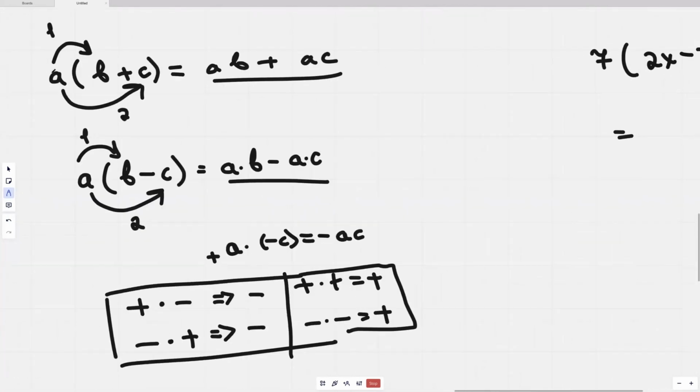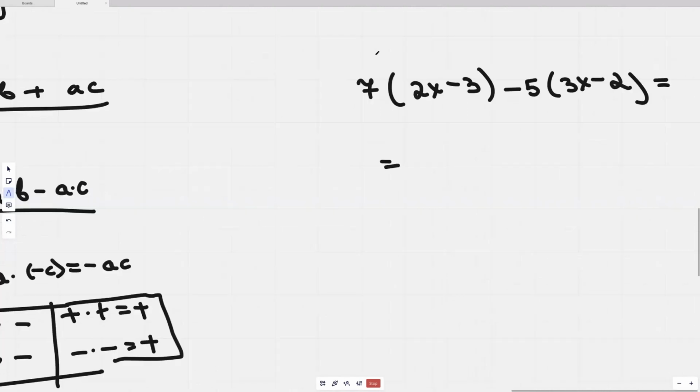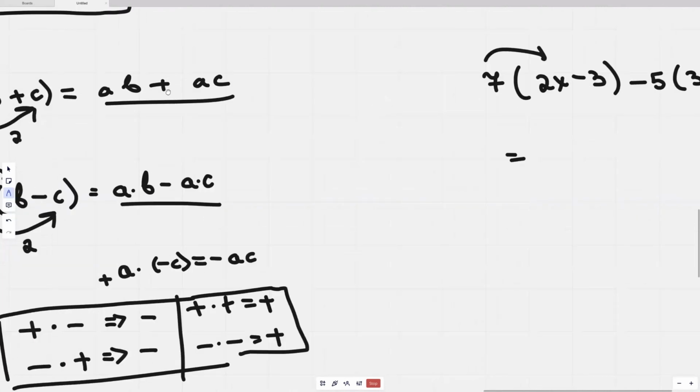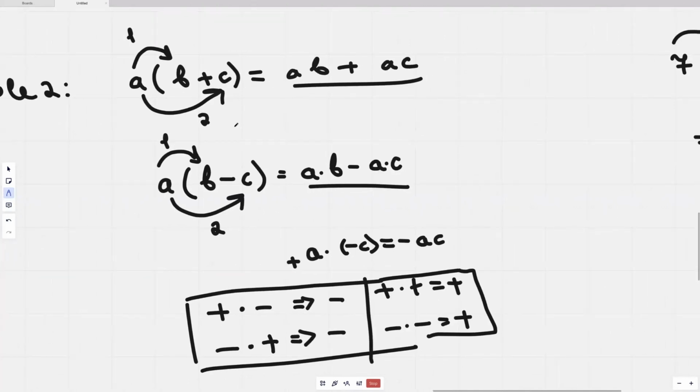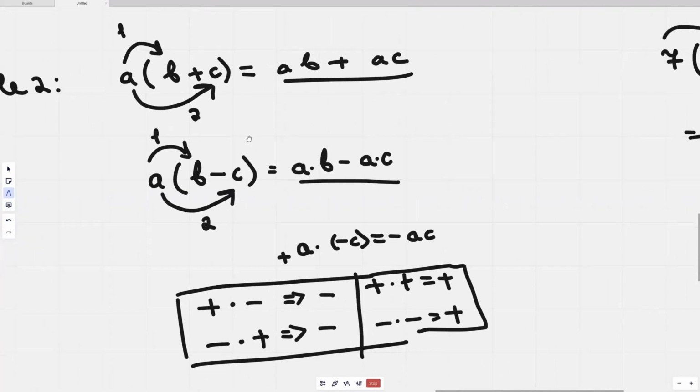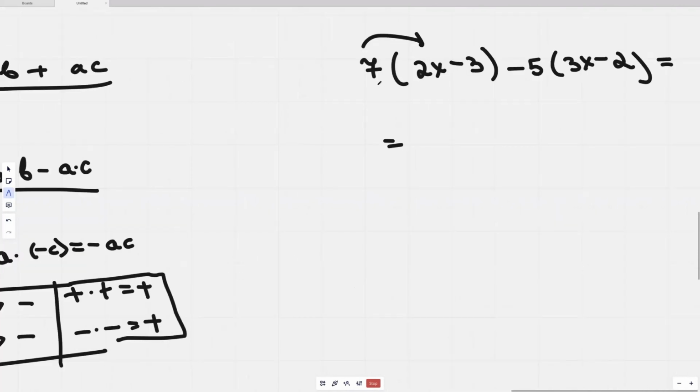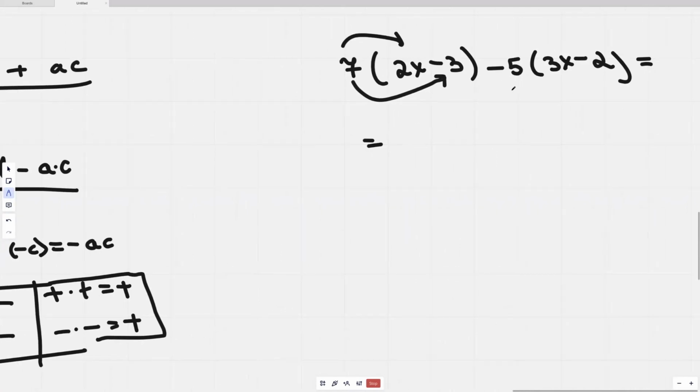Firstly, a should be multiplied by b, so 7 should be multiplied by 2x firstly, and then the second, 7 should be multiplied by the -3.